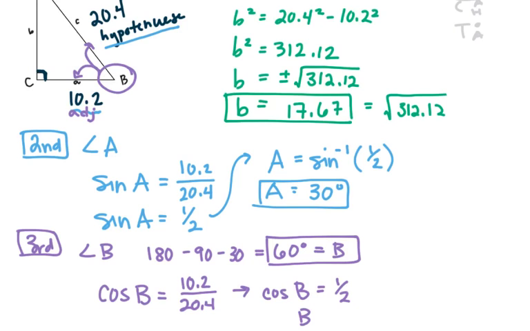And then B equals cosine inverse of 1/2, which gives us, again, 60 degrees for B. Cosine of 60 is 1/2, and we know that from the values we memorized in our previous section. So we could have done it that way as well. But once you know two angles, you can subtract them both from 180 to find that third missing angle.